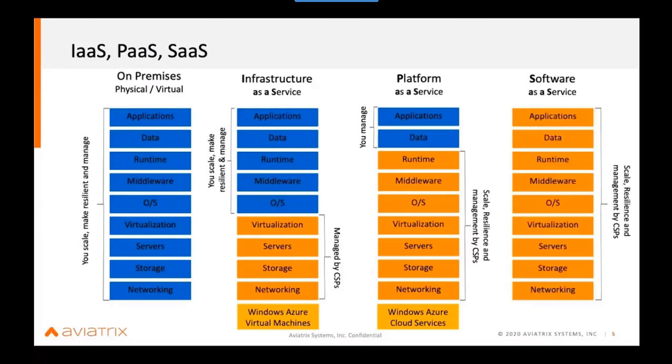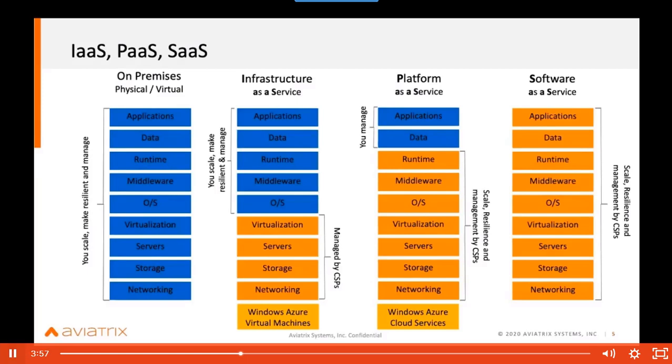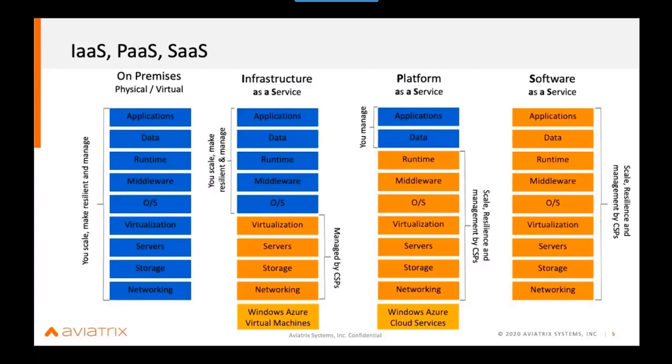And the last is SaaS, which we are all aware of, where you just consume the service and you have no control and responsibility over the application, like Office 365 or Salesforce.